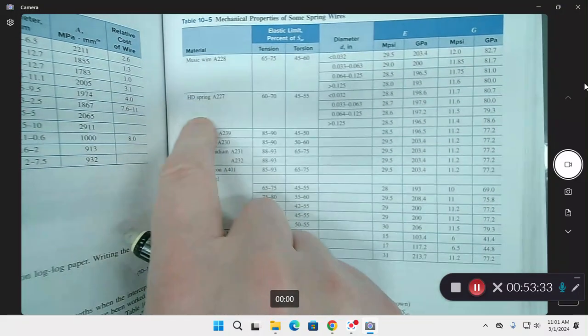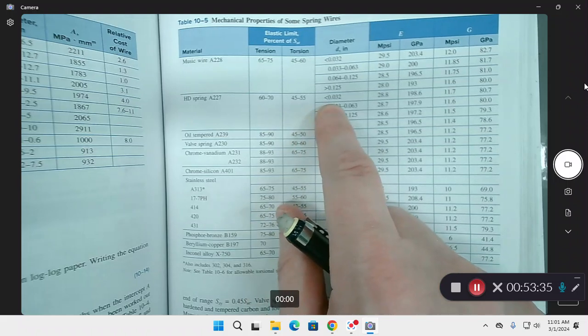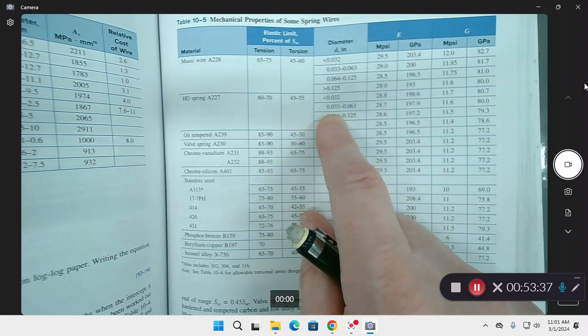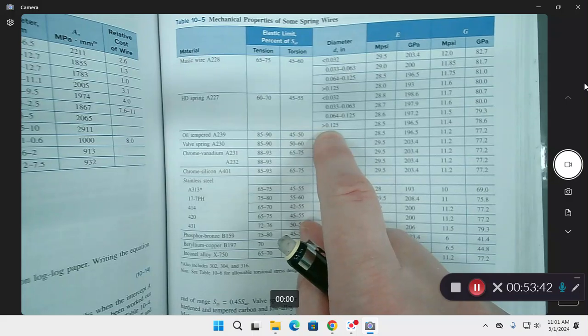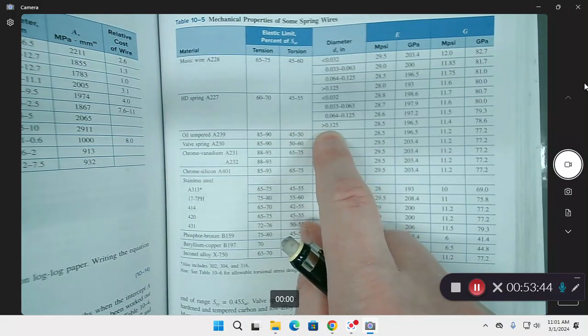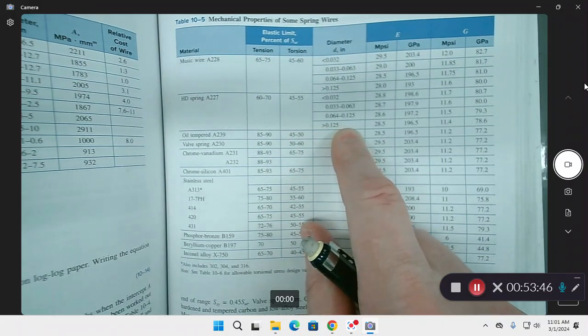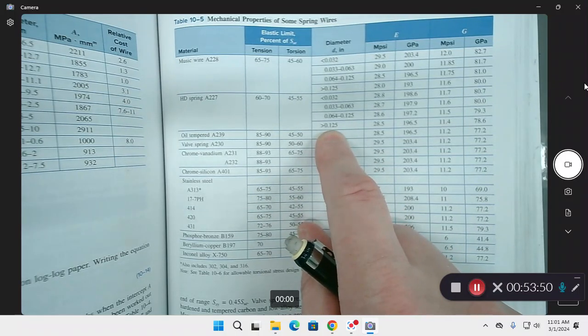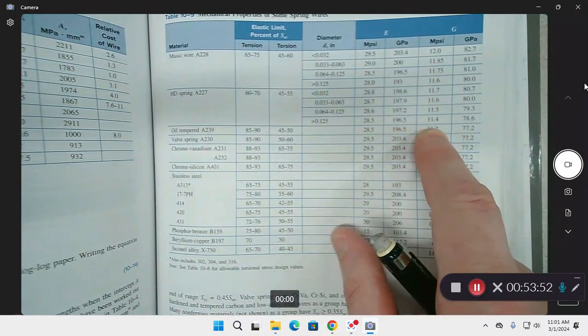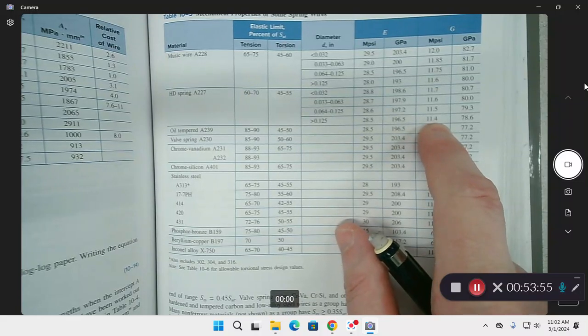This is the HD, so this is the right spot. We want to get the correct wire diameter. It looks like it's greater than 0.125. Okay, there. So we got right here, G. This is the one we want, 11.4.